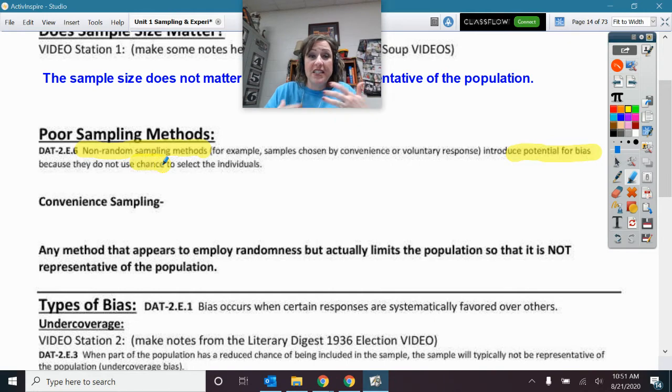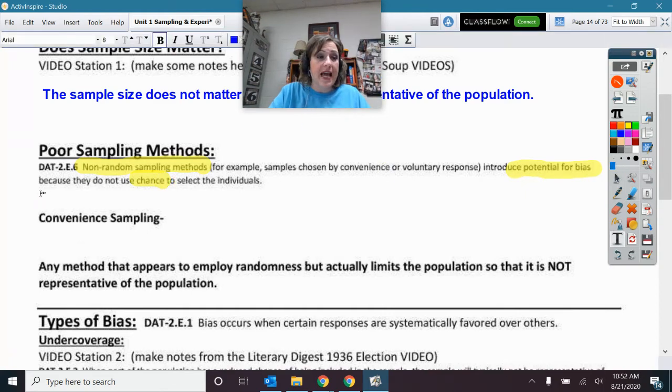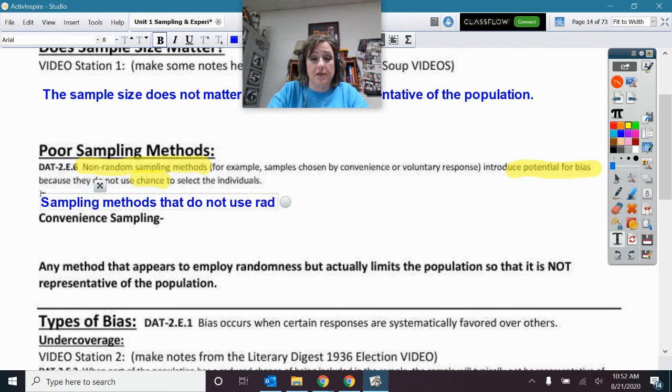There could be some sort of pattern or certain type of subjects that you get if you do not use randomness to get those subjects. So sampling methods that do not use some type of randomness will be poor methods because they may have bias.